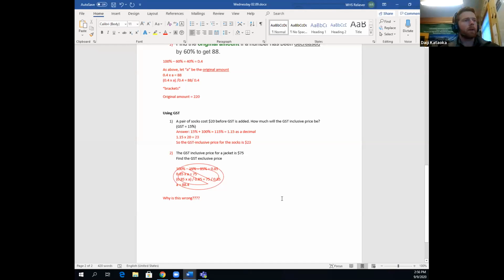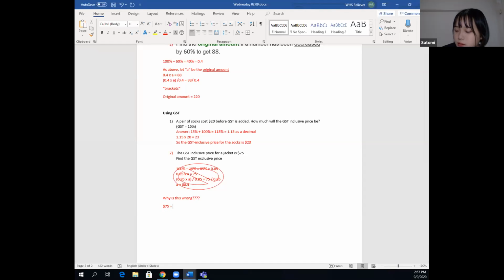Okay, let's think about this. It says the GST inclusive price for a jacket is $75. Find the GST exclusive price. So $75 is what percentage of the original price?